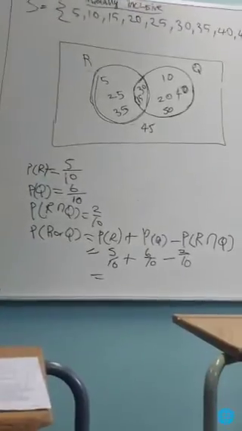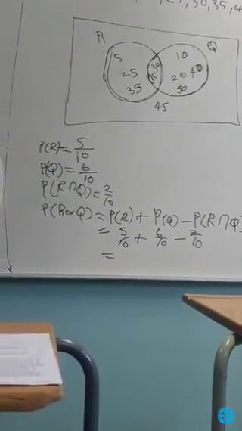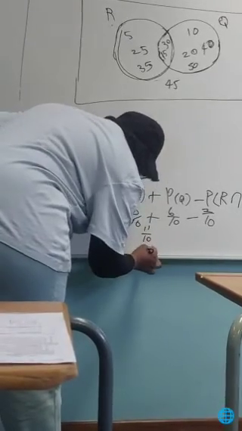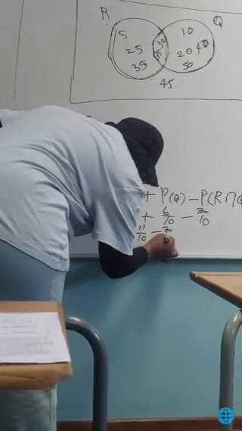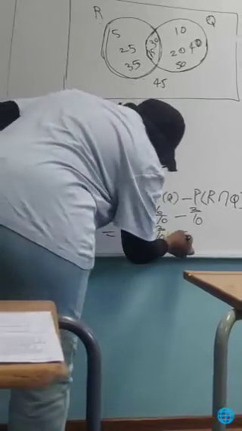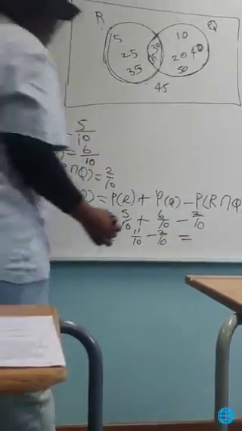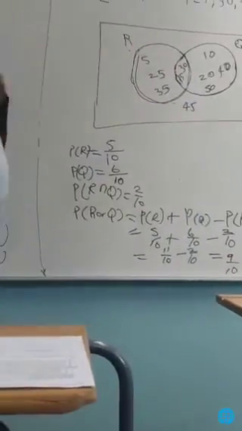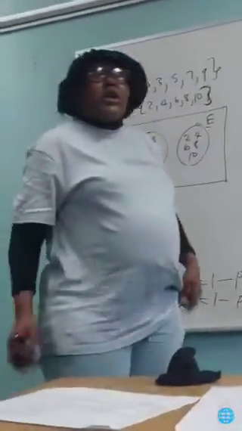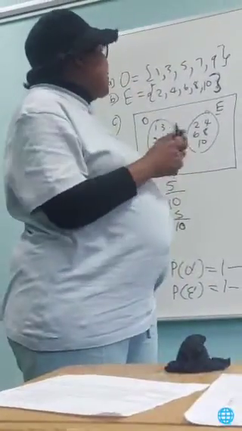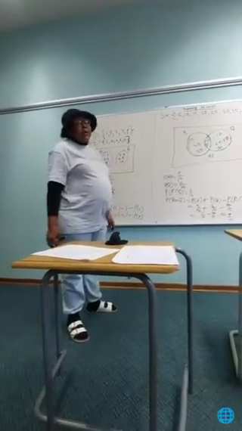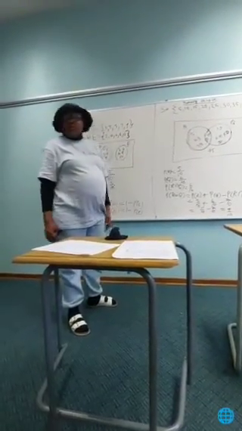So 5 over 10 plus 6 over 10 is 11 over 10, minus 2 over 10, which is equal to 9 over 10. So that's how you calculate it. Now you can see the difference between mutually inclusive and mutually exclusive. Do you understand that? Yes, ma'am.